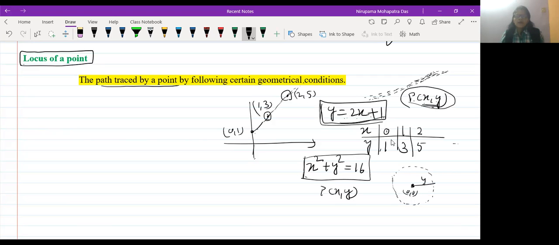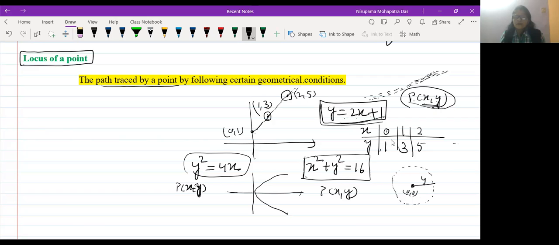If I write here y square equal to 4x, and I take various points P(x, y) that are related by this condition, then the path traced by the point following this geometric condition will look like this.